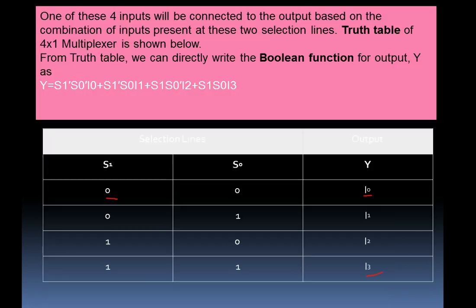In order to write the output expression, y equals S1 is 0, S0 is 0, I0. That means S1 bar, S0 bar, I0.